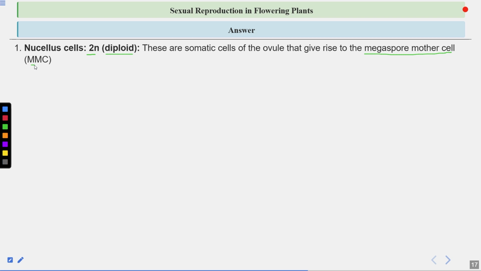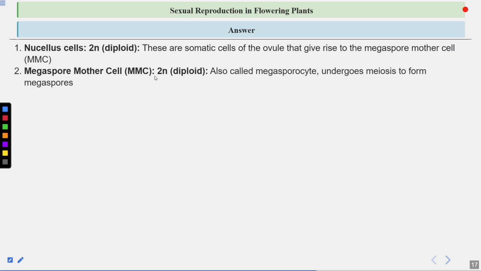One of the nucellus cell become very different, become prominent. Okay, they are having the prominent nucleus, accumulate a dense cytoplasm, and it become different from the other nucellus cells, right? So, but basically the nucellus cell is diploid, right?